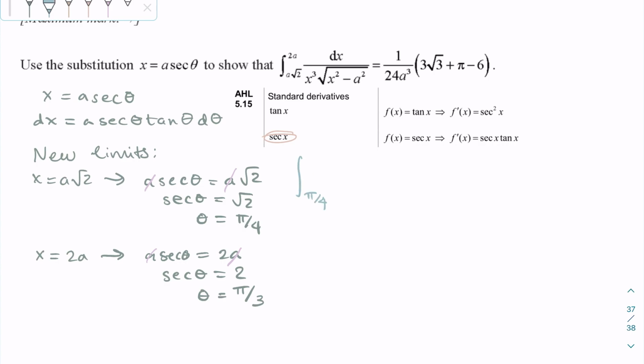We're now ready to replace dx with our differentiated substitution, so a secant theta tan theta d theta, and x with a secant theta. This means we have to replace every instance of x with this substitution.